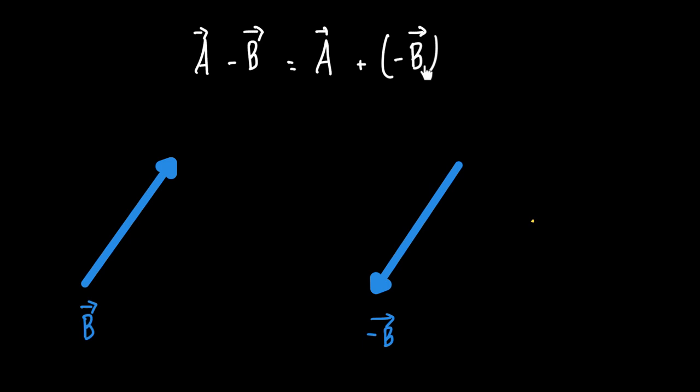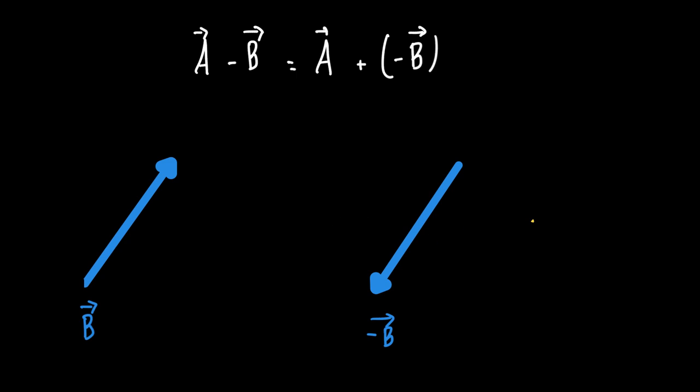Minus B is a new vector which is similar to B in its magnitude, with only one difference, that the direction is exactly opposite, reversed. So if this represents vector B, this is minus B. Same magnitude, but just reversed in direction.